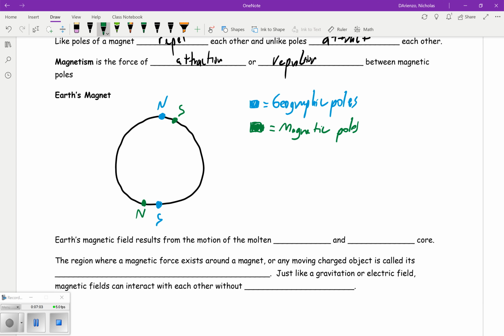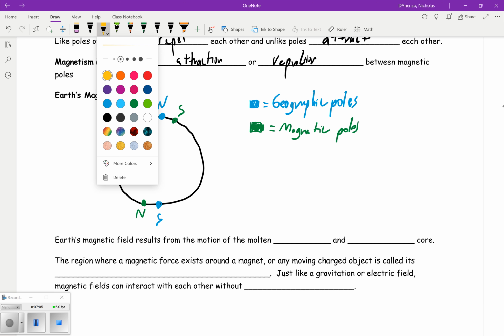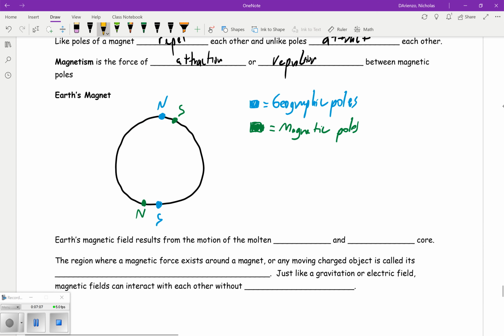Now our field lines are going to run something like this, seeking the south pole. So if we put a north-seeking compass here, the north pole of a magnet would be seeking the opposite pole.